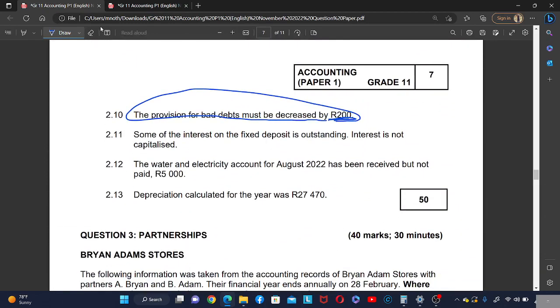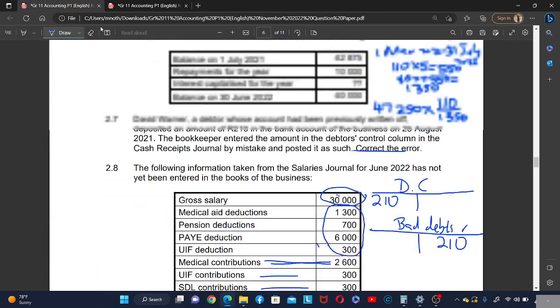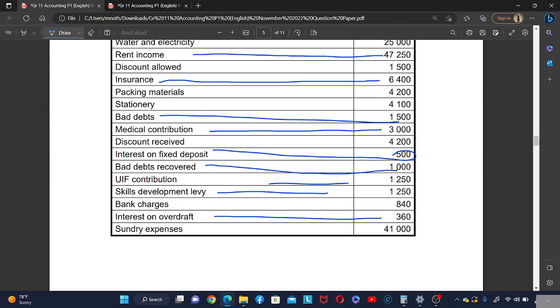And then they said, water and electricity account for August 2022 has been received but not paid. So this is an accrued expense. It's an expense that the business has created, but then it is not yet paid. So it's an accrued expense for water and electricity. So how much is the water and electricity?